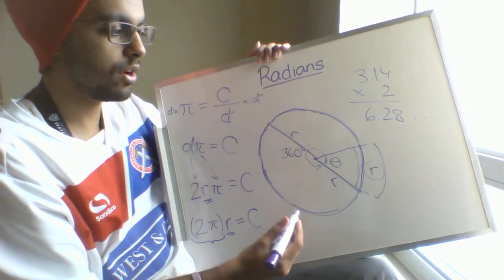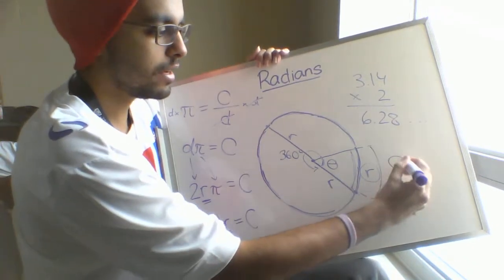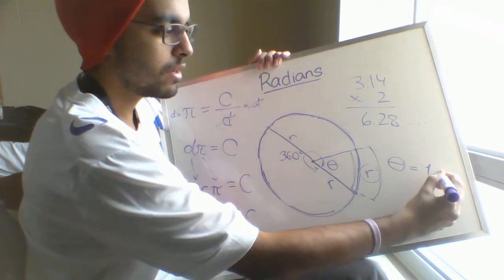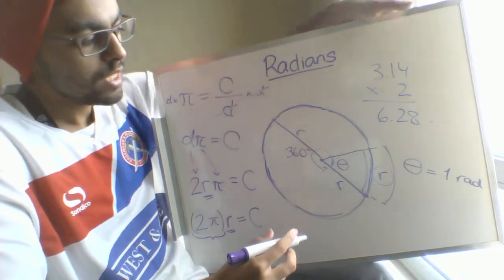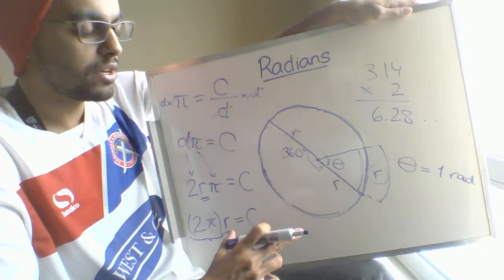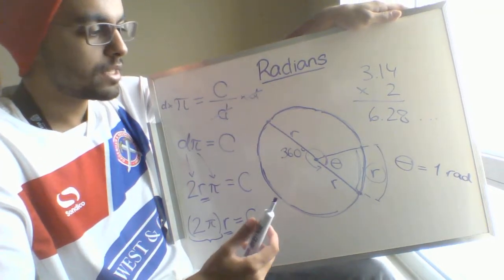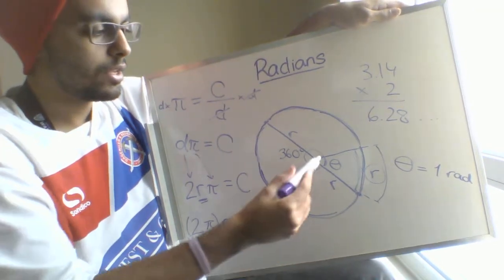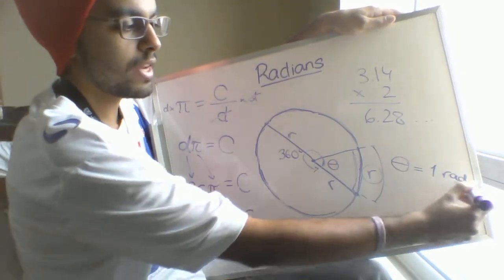This angle is called 1 radian. So this angle theta here is 1 radian, and it's about 57 degrees, 57.1 degrees. It's not a pretty number in degrees, but basically your theta angle at this point is defined as 1 radian.